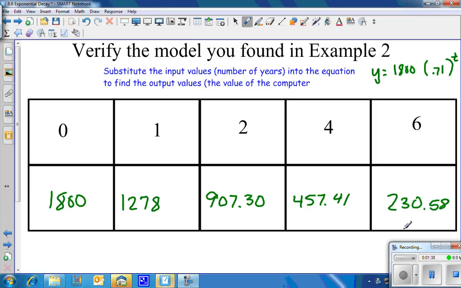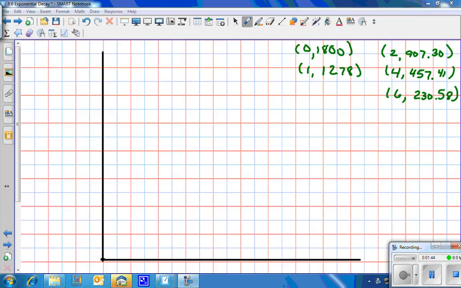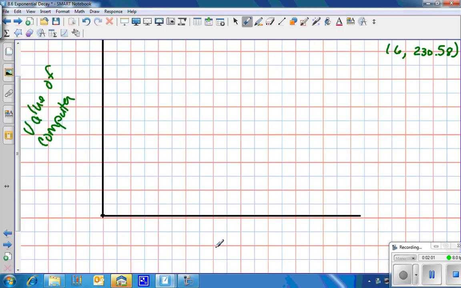So what I want to do next is go and graph these so you can see what an exponential model looks like. Okay, so if you remember, I'm talking about the value of the computer, and this is measured in time, years since purchase.